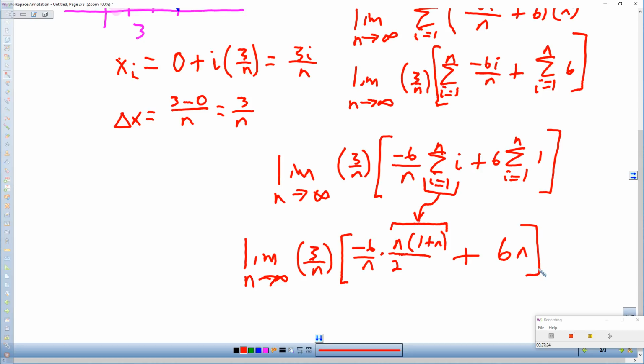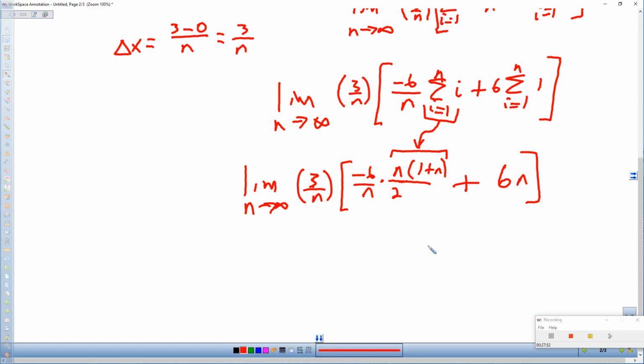So we have 1 plus 1 plus 1 plus 1 plus 1, that's what this says, n times, and then we're multiplying by 6. We're not going to infinity, we're going to n. So everybody with me on that?